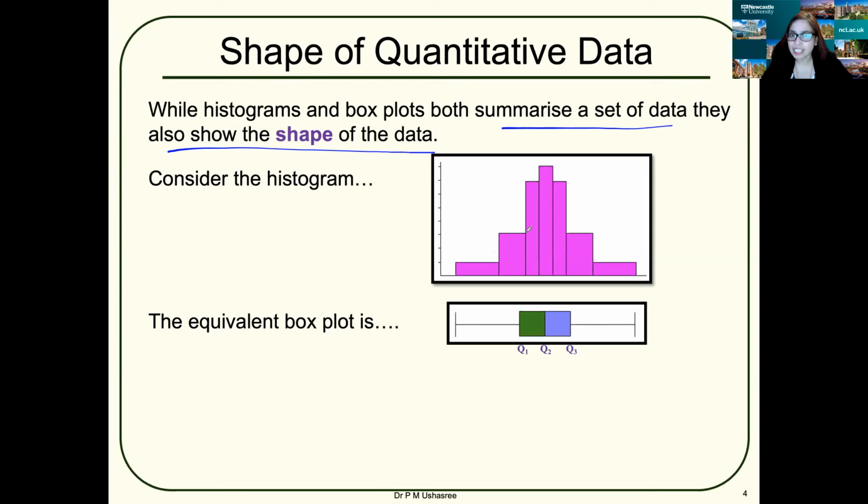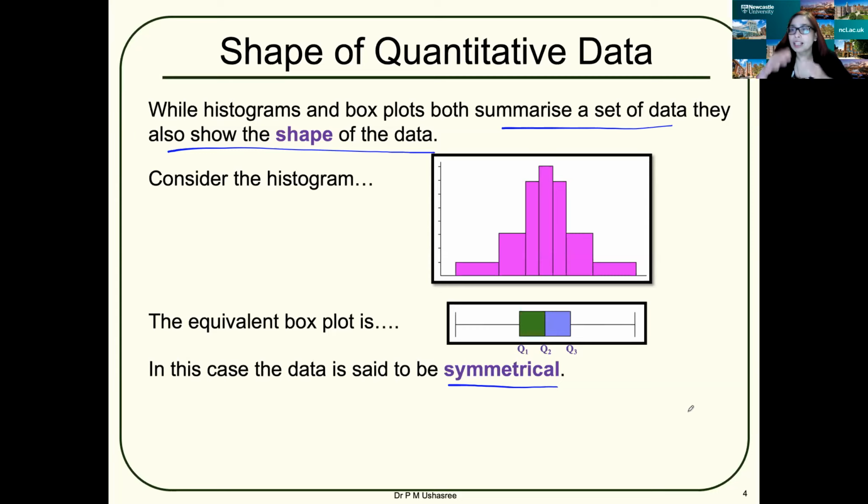So we have the tail here and the tail here. In this case the data is said to be symmetrical. When the shape of the data looks symmetrical on either side of the median, it's called symmetrical data.